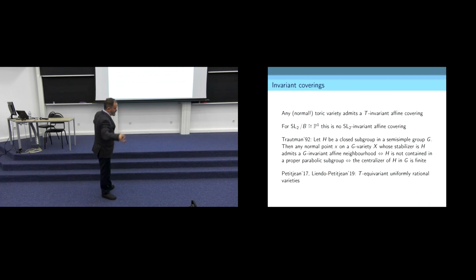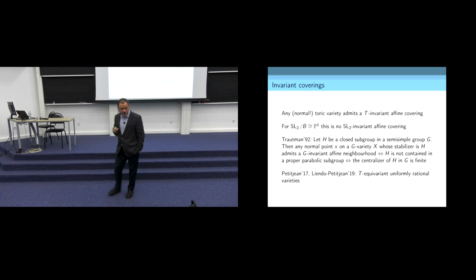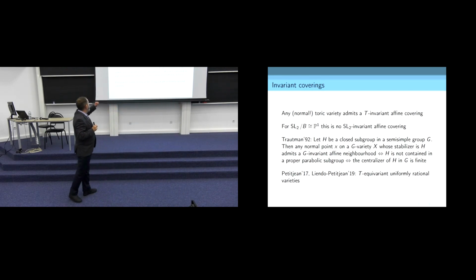And I would like to mention, in my opinion, a very nice fact, which tells you which orbits always have a G-invariant affine neighborhood. This is a theorem of Trautmann, and it says the following.